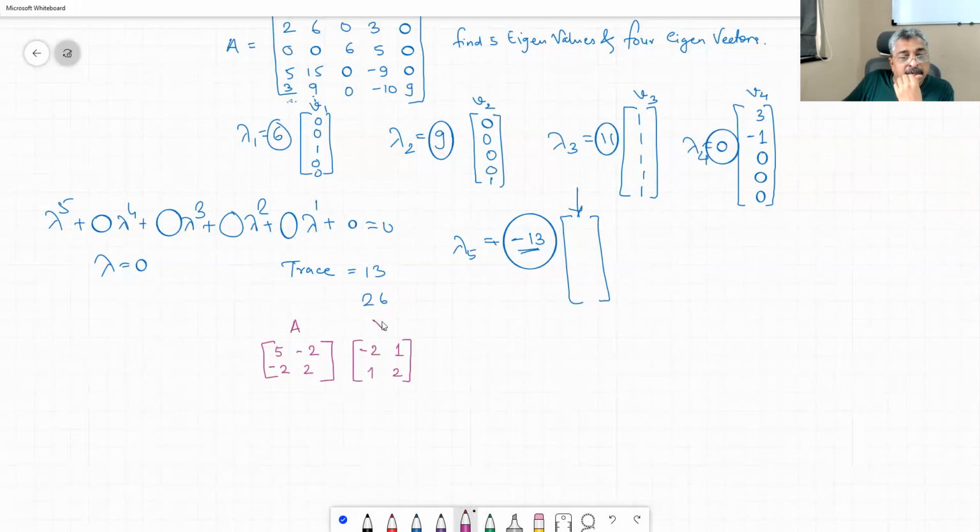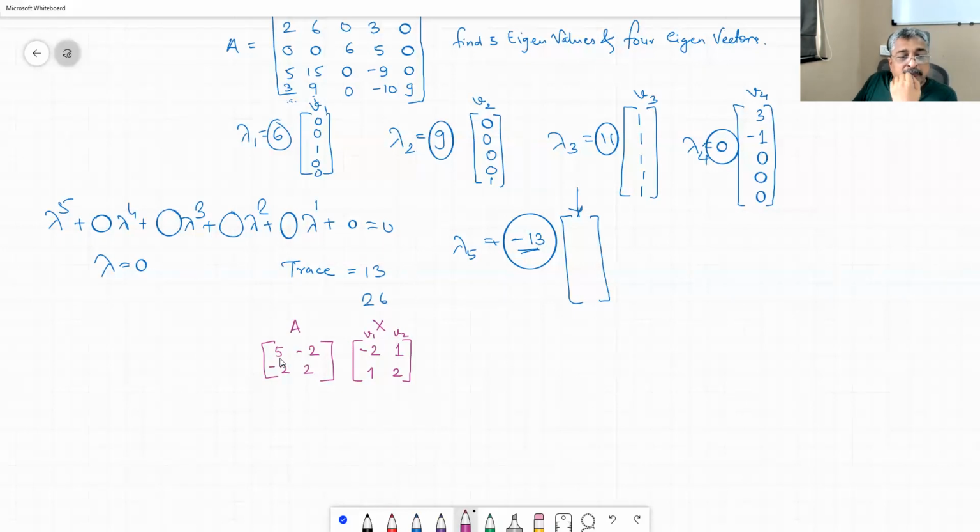These are the eigenvectors v1 and v2. If my notebook is saying correct, can you confirm, are these eigenvectors for this matrix, minus 2 comma 1?